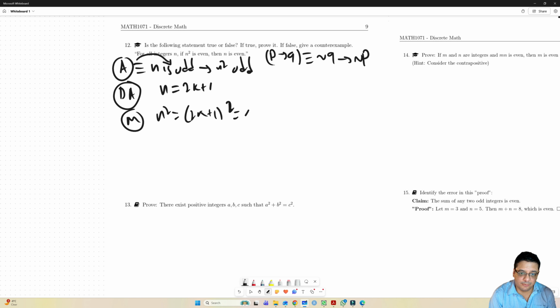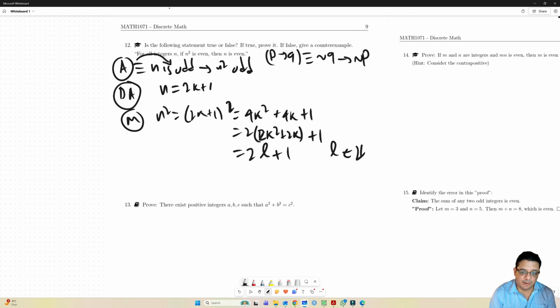Once again, this is 4k squared plus 4k plus 1, or 2 times (2k squared plus 2k) plus 1. Because k is an integer, I can see this is of the form 2L plus 1, where L is an integer. So I'm going to find out that n squared is odd. This step here is the definition of the conclusion, and this is the conclusion. Okay, so I went over all the steps.